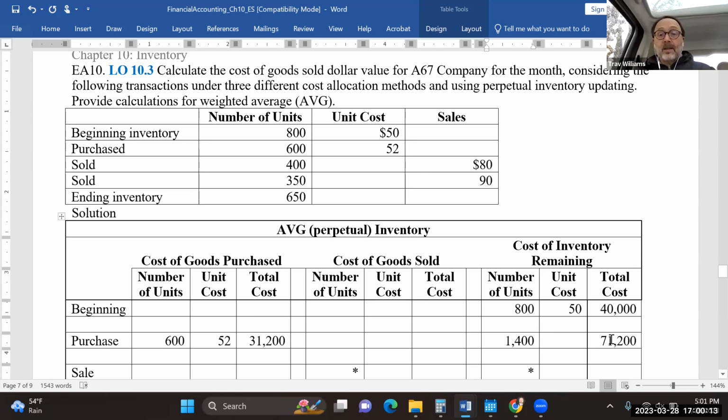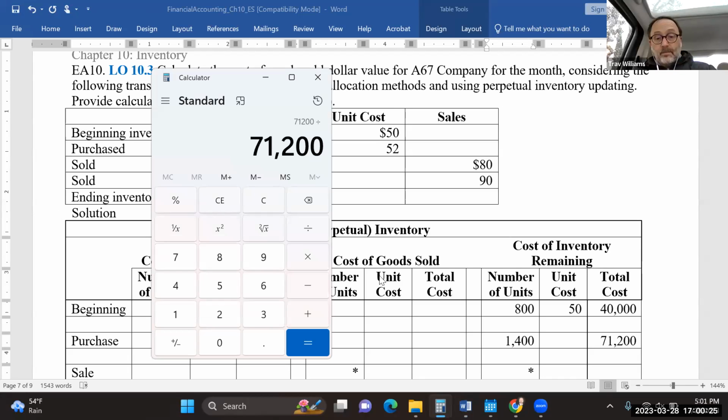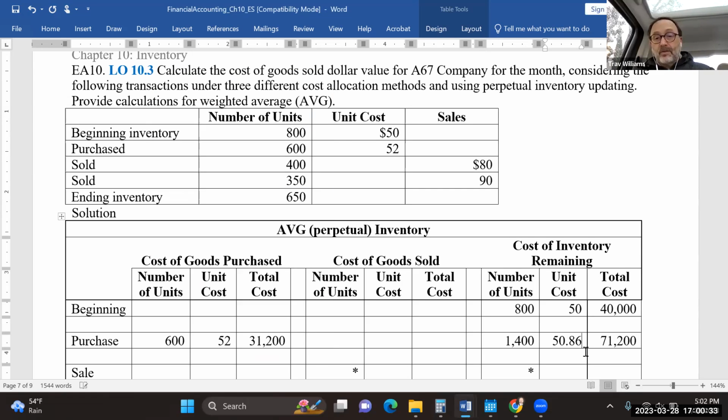And then the third step is you take the total cost divided by the number of units. So in this case, we get $50.86. So that is our new weighted average cost.